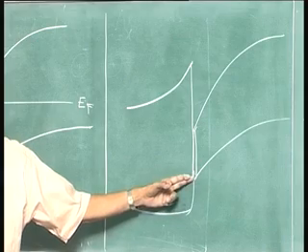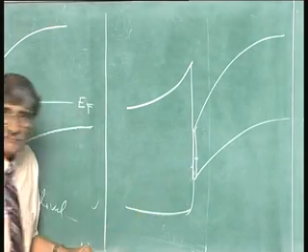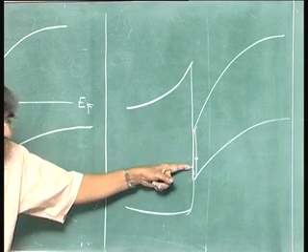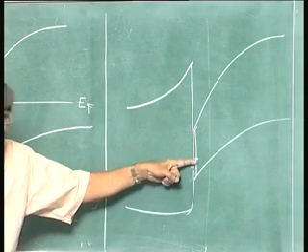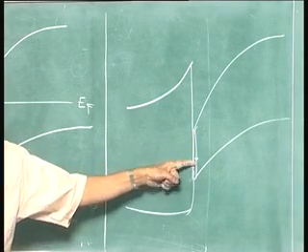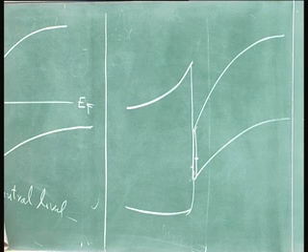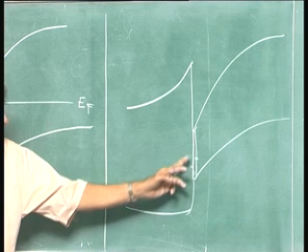So, this is not a favored situation where neutral levels are same, it is a favored situation, because in this situation the charge transfer will take place further, so that they are moving closer together. So, they may not move exactly, but it will move close to each other. Like in the case of Schottky barrier, the Fermi level moves closer and closer to the neutral level, it is not exactly matching.